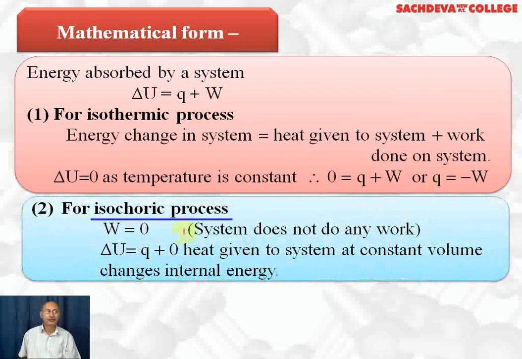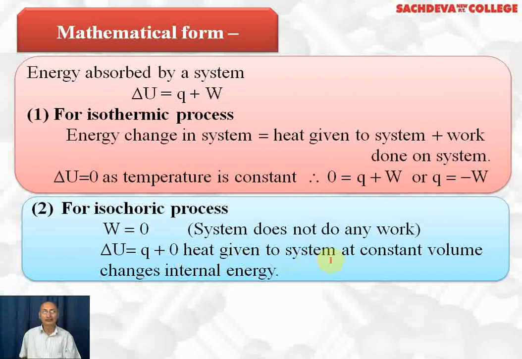For isochoric process, isochoric means there is no change in volume, and if there is no change in volume, then P delta V will be equal to 0. If P delta V is 0, W is equal to 0. And W is 0 means system does not do any work. So the expression delta U is equal to Q plus W becomes delta U is equal to Q plus 0.